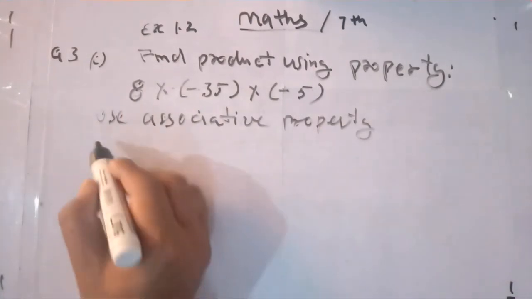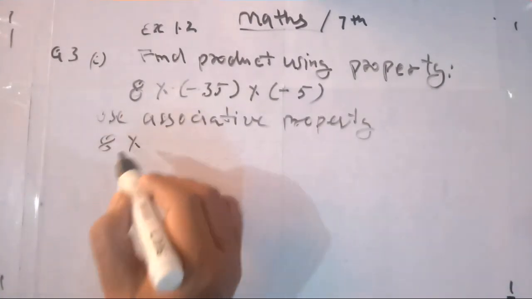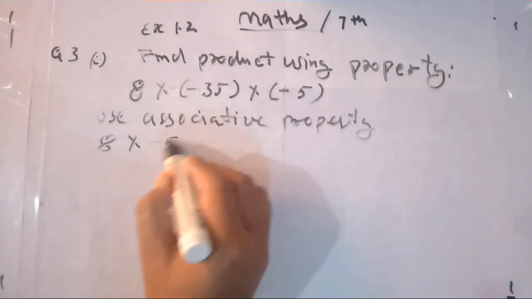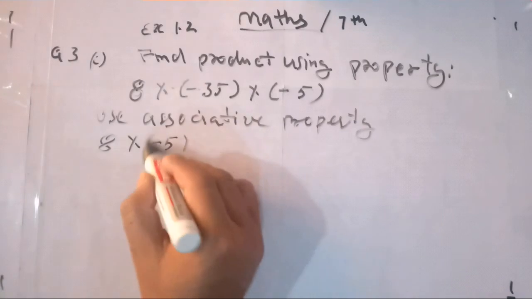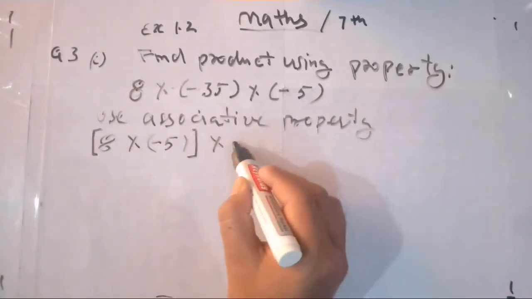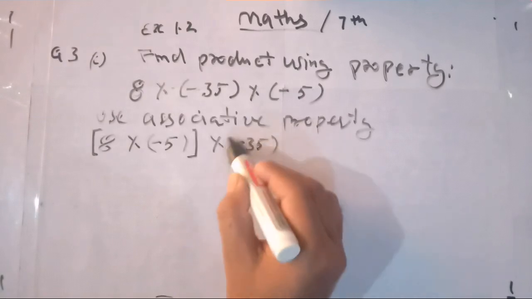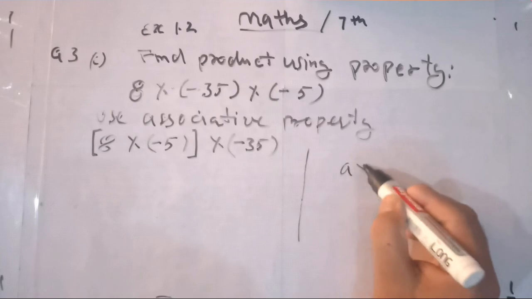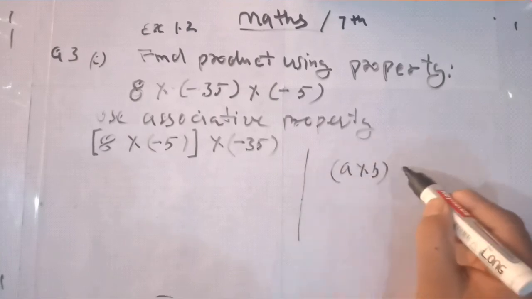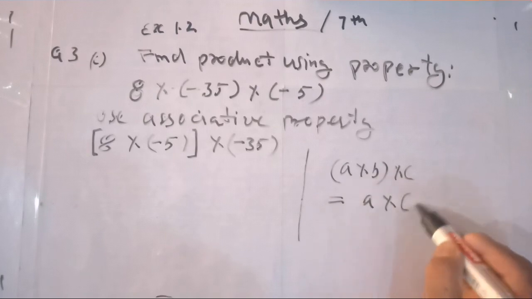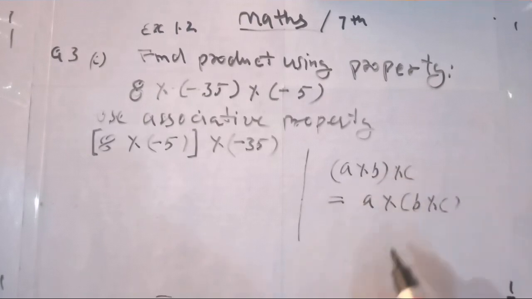We have to make one group, 8 into minus 5, and I am taking these two numbers in one group and then multiplying by 35. Right beta? Associative property means A into B into C is equal to A into B into C. You have to make a different group.